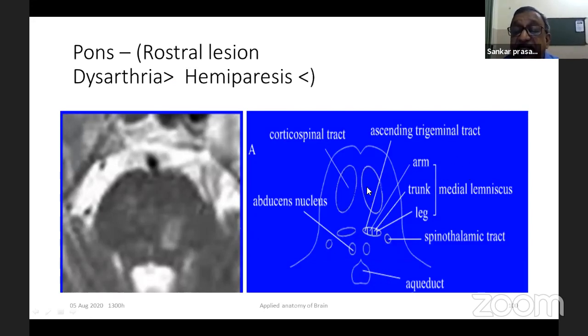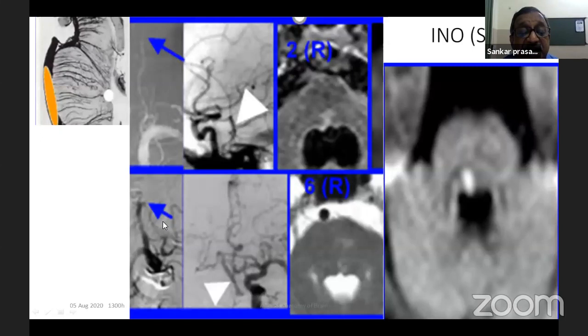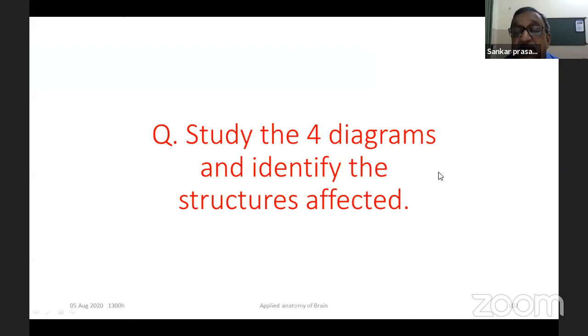The medial lemniscus is slightly anterior to the nuclei, and the spinothalamic tract is lateral. If there is an infarction, it can cause damage like this, and it can affect the medial longitudinal fasciculus to cause internuclear ophthalmoplegia.